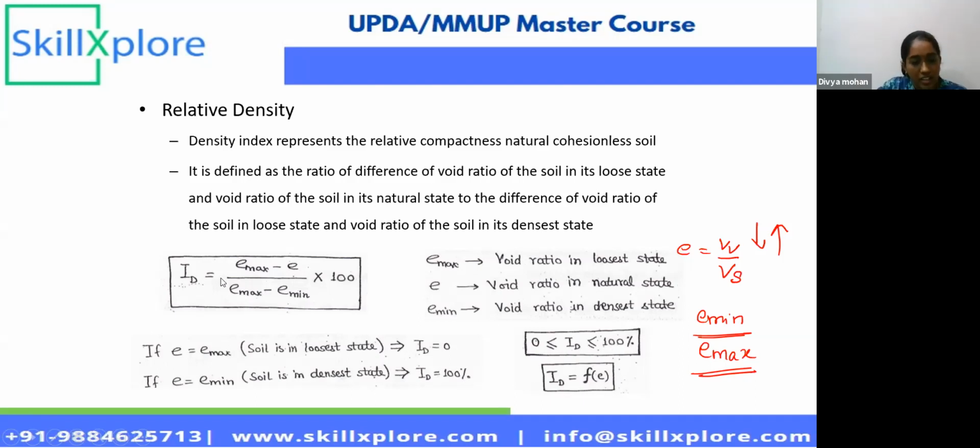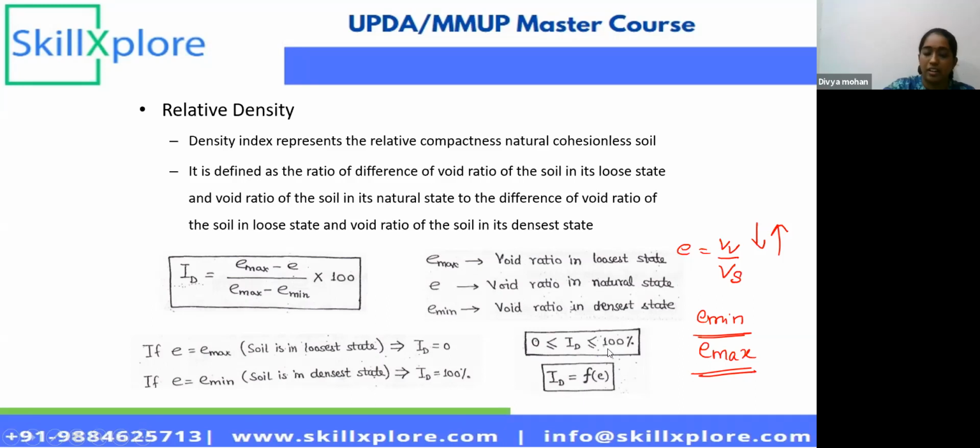So relative density ID is equal to e max minus e by e max minus e minimum. When the soil is in its loosest state, the natural e reaches e max, and when the soil is in the densest state, it will be e minimum. So substituting e max, this value will be 0, and substituting e minimum, this value will be 100%.